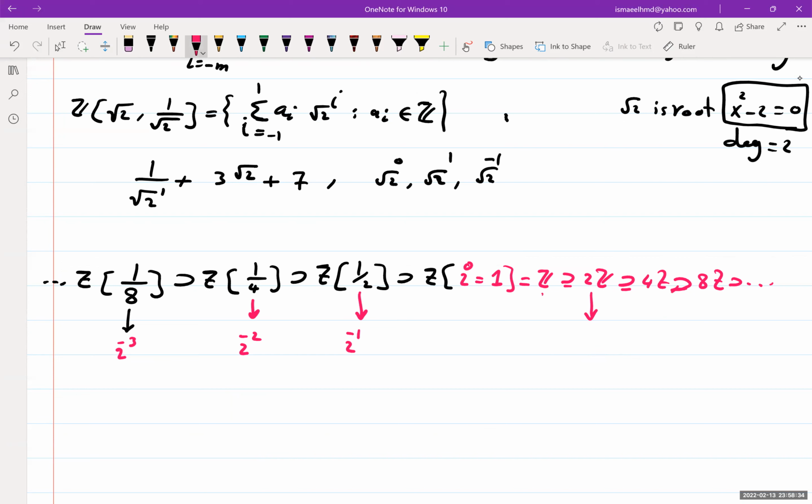And 4Z are the integer multiples of 4, and 8Z are the integer multiples of 8, like 8r, 4r in Z.